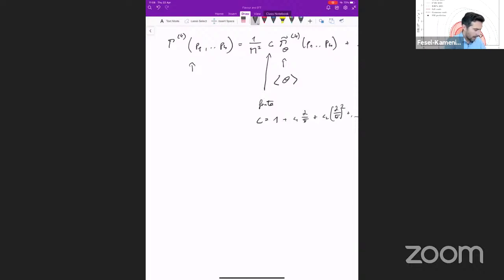Okay. Now, what we've seen is that we've moved all of these logarithmic dependencies on the heavy masses, even at order 1 over m squared and higher, to this Wilson coefficient, okay?